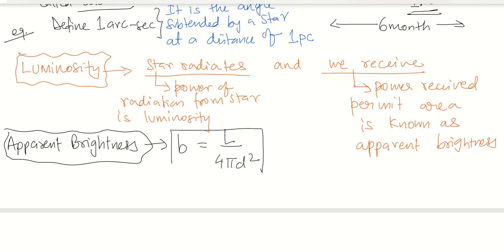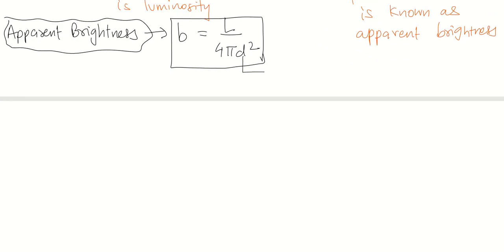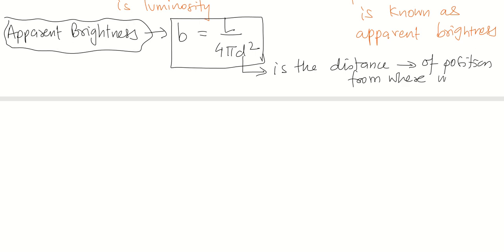Okay, what exactly is this D now? This D is the distance of the position from where we watch the star.